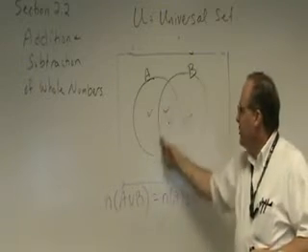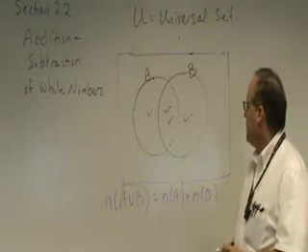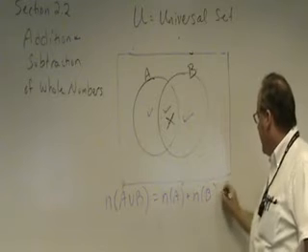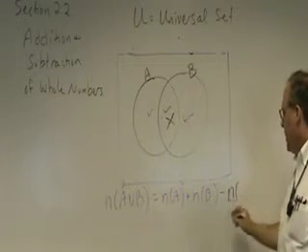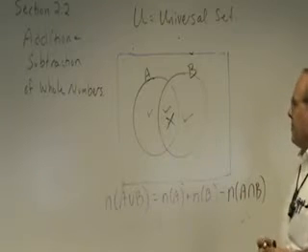I've counted this region twice. And since I can't count any region twice, I'm going to take out from that the number in A intersect B.